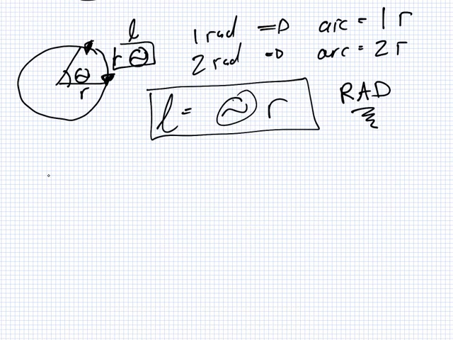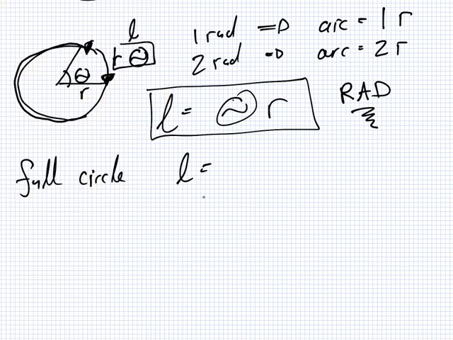Okay, so if we have one full circle, what does the theta equal in a full circle? 360 degrees. And for the length, how long is the outside of a full circle? The circumference, how big is that? In terms of the radius. 2 pi r, yeah.